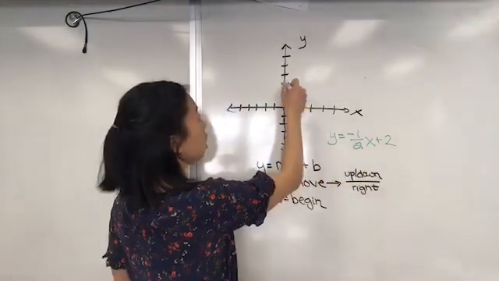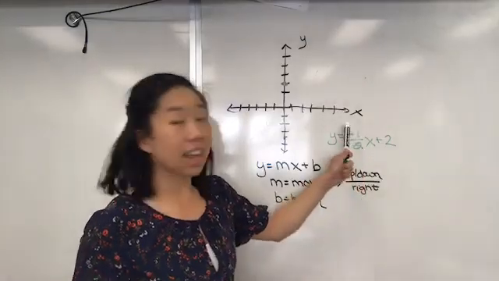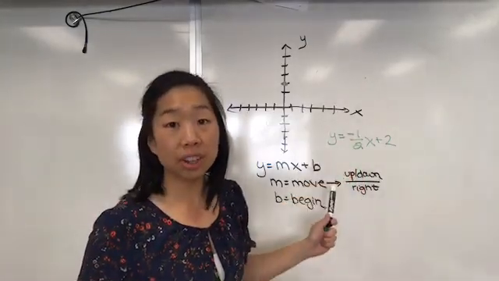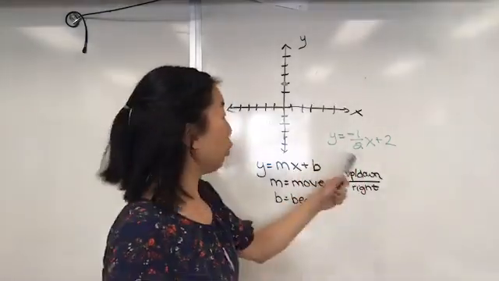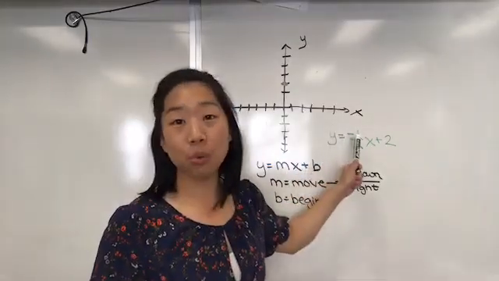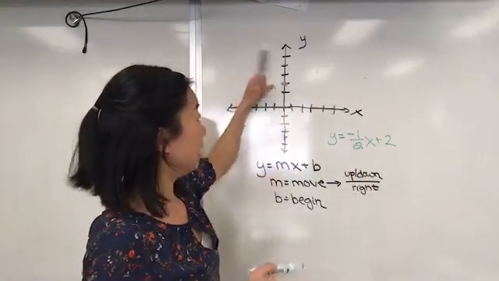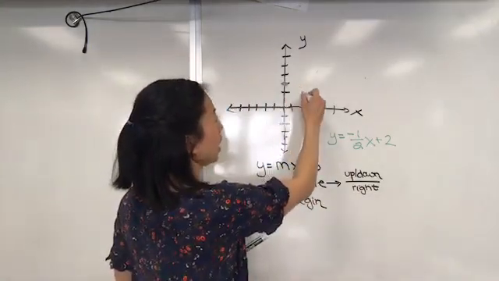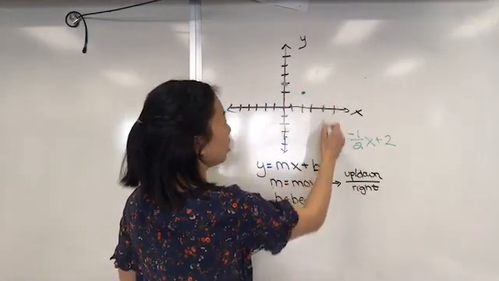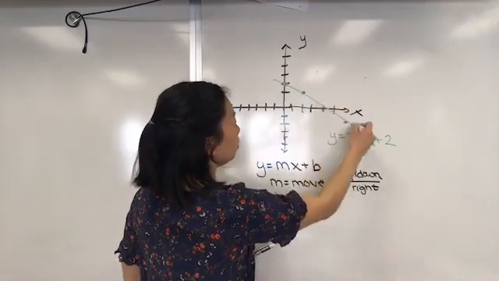So I put my first dot on +2, and now since this is a -1, I'm going to move down and to the right. So here I move down 1 to the right 2. So I go to the spot where I begin, and then I move down 1, right 2, down 1, right 2, down 1, right 2.